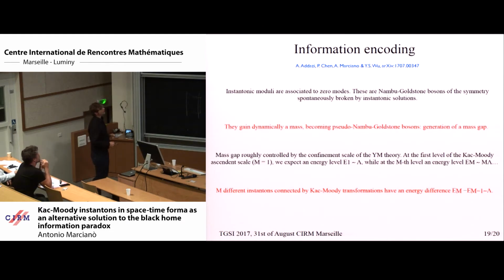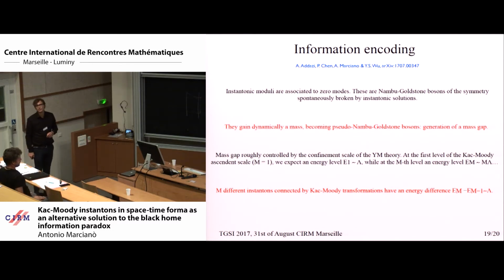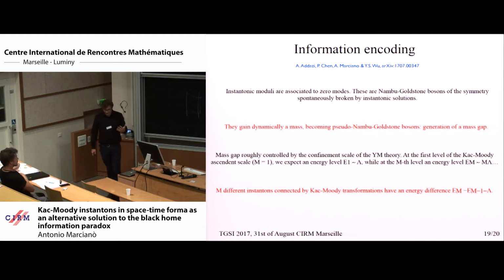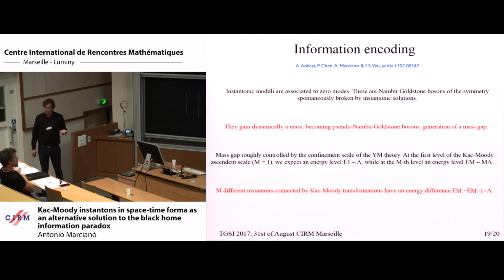So the information encoding is what must be refined in this picture. But I want to tell you what we have thought so far, and which direction we are taking. Here, we are thinking of this instantonic moduli as associated to zero modes.